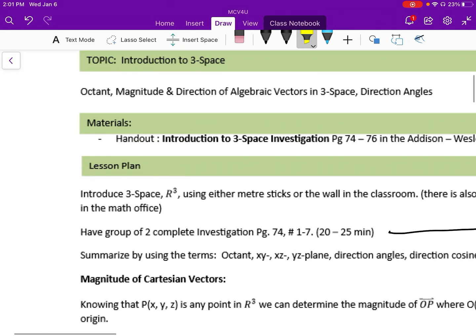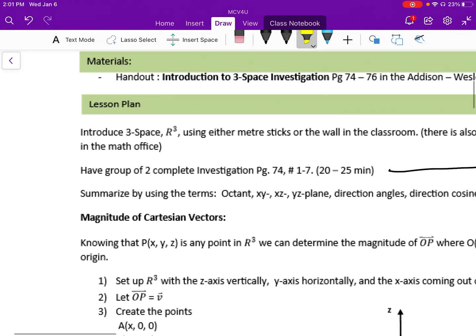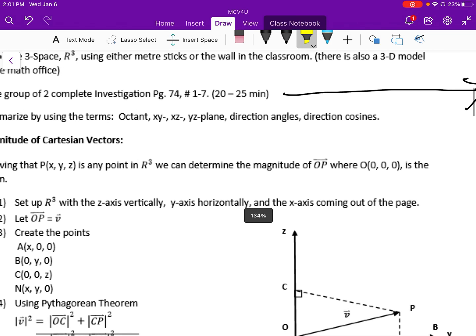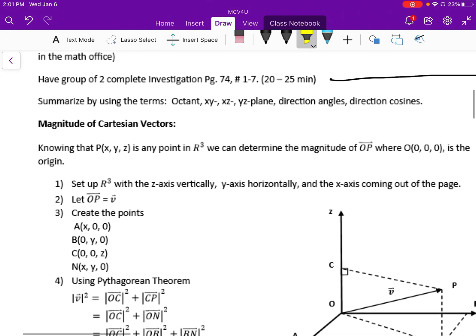So now that you've gone through this, hopefully you could take a look at a couple of the things that you should know by now. We've got new terminology. We have an octant. The octants is because now our space is separated into 8 different spaces. Quadrants, because there were 4 of them in 2D.